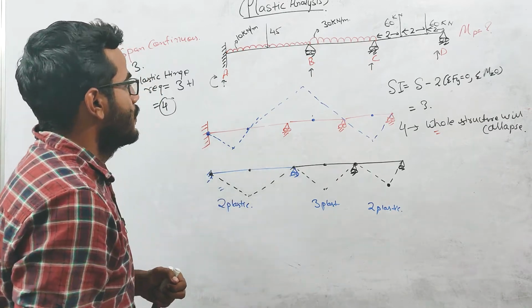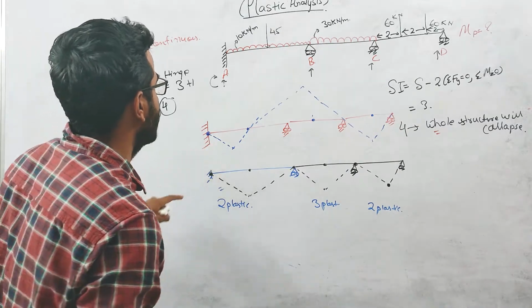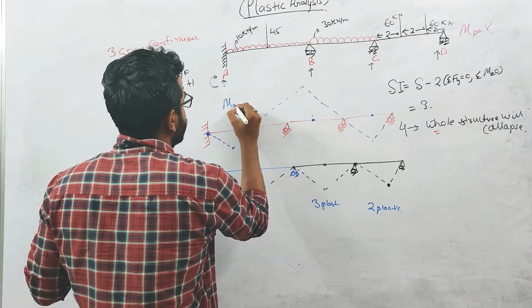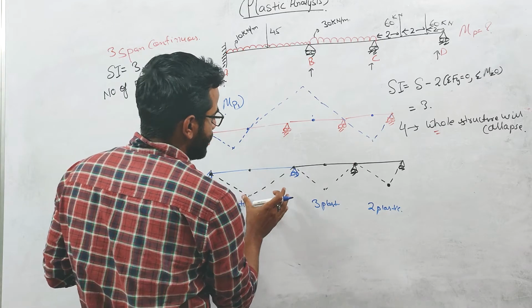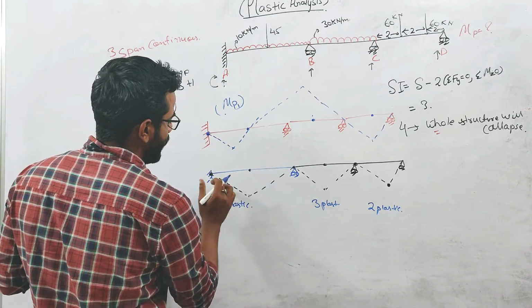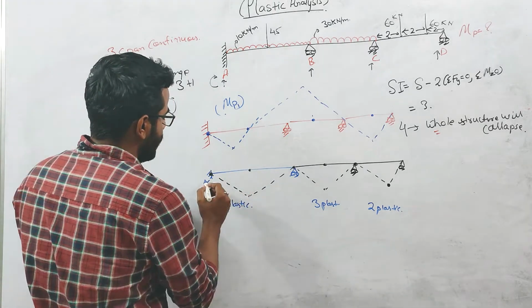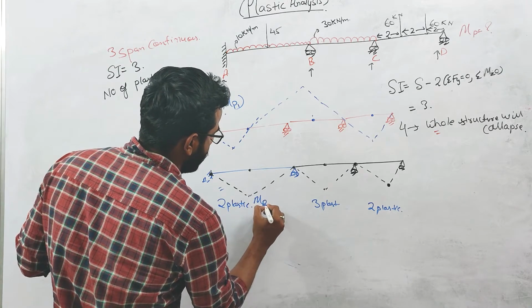If you calculate the moment capacity by considering the whole collapse of the structure, let us suppose this value comes out to be Mp1. If you are considering the partial collapse for this AB portion, let us suppose its moment capacity is Mp2.